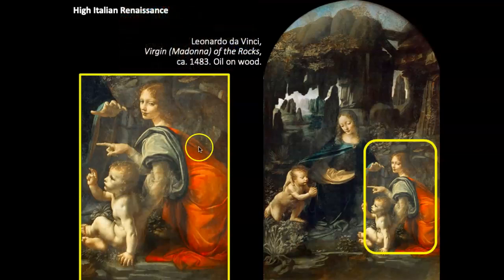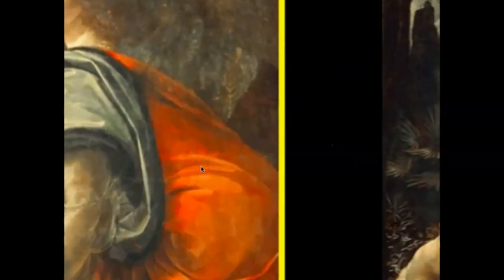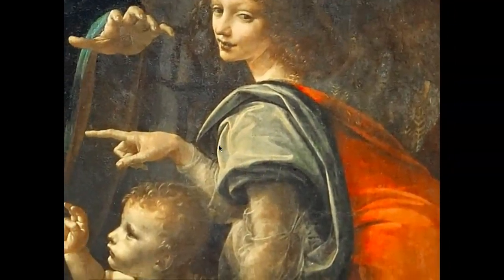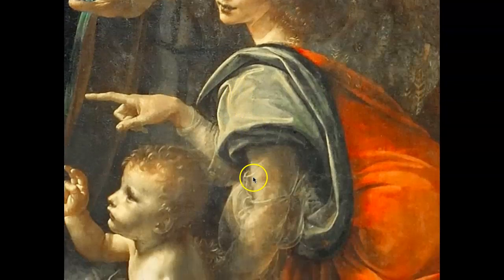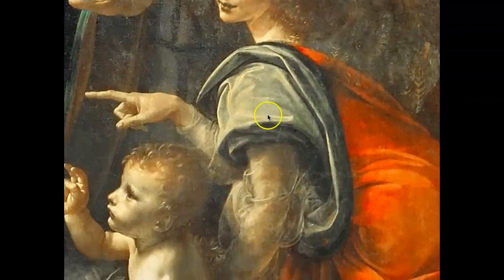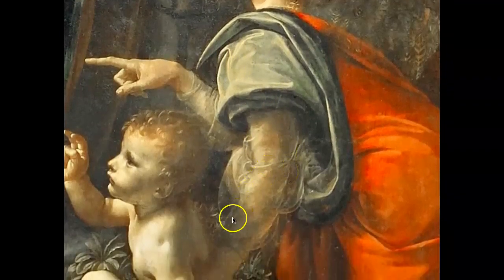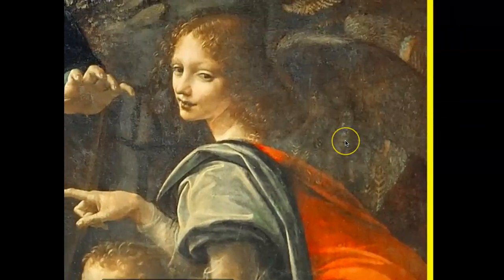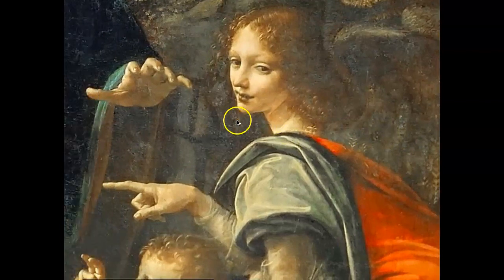And I give you this detail of the angel just because, look at the gorgeous sleeve here. Look at how, when done correctly, the modeling of the figure in chiaroscuro can hide and reveal the body and the fabric in such a way it's just mesmerizing, isn't it?